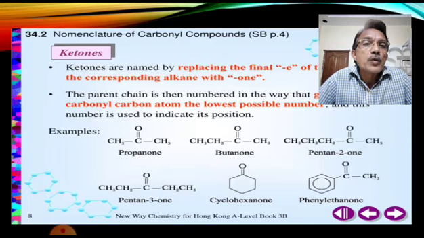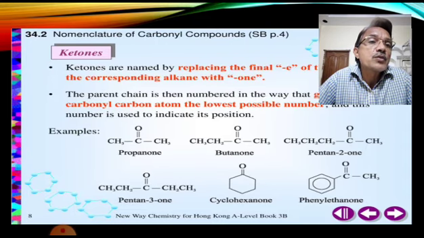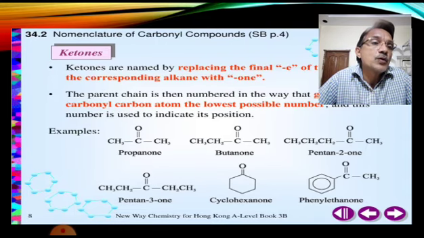Examples: propanone. The parent hydrocarbon of propanone is propane. So propanone is the IUPAC name of acetone. Butanone is the IUPAC name of ethyl methyl ketone.